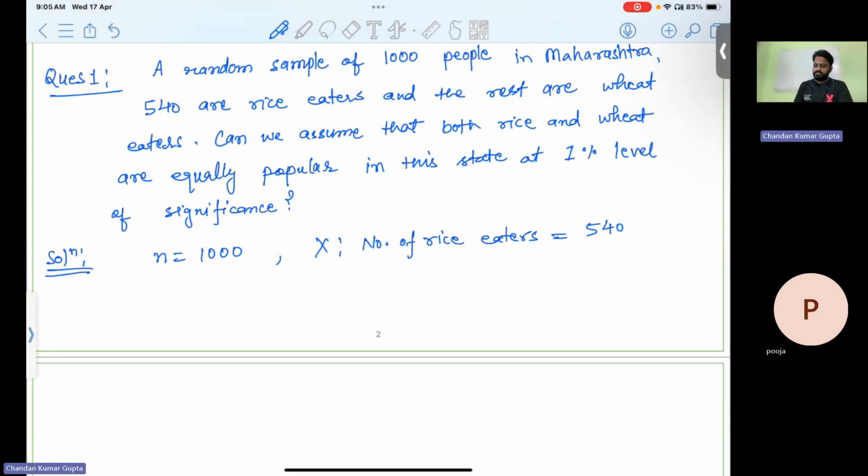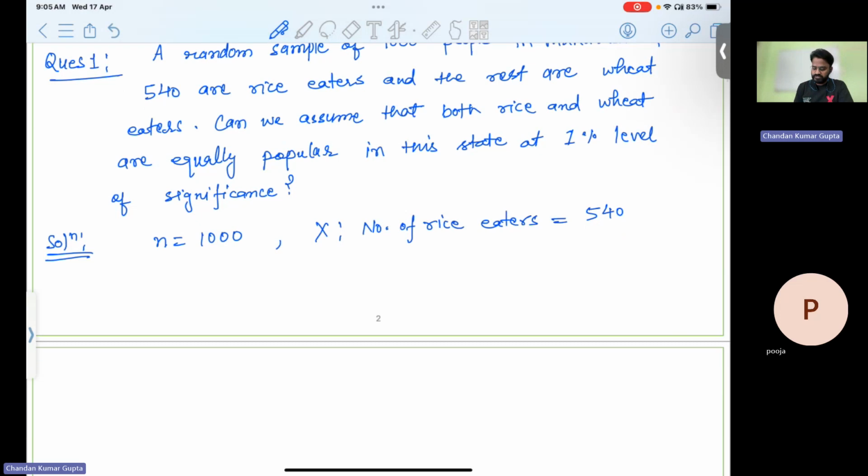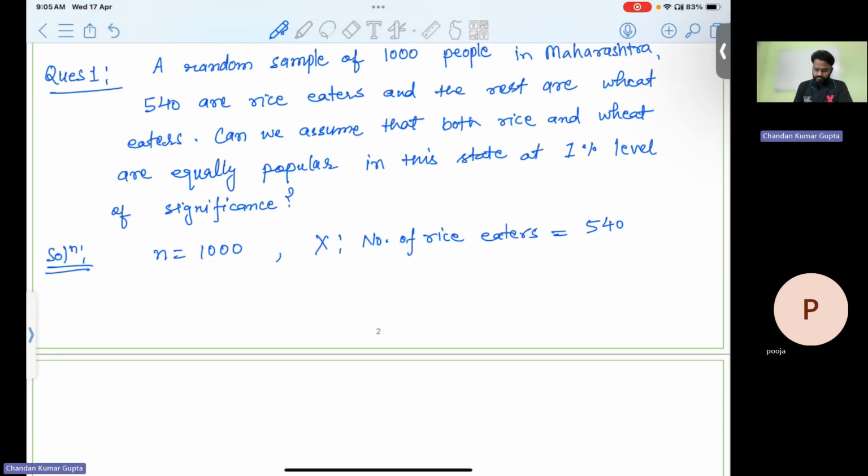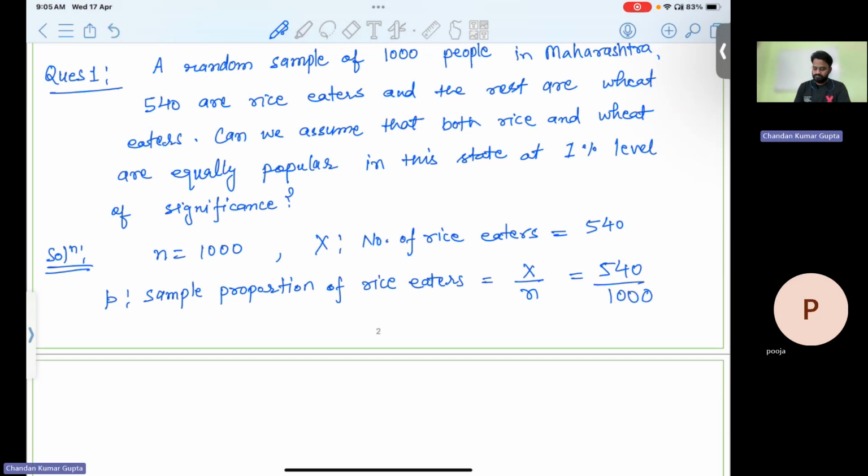Okay, and now we need to find the proportion. So let us define p, which is the sample proportion of rice eaters, which is x upon n, 540 upon 1000.